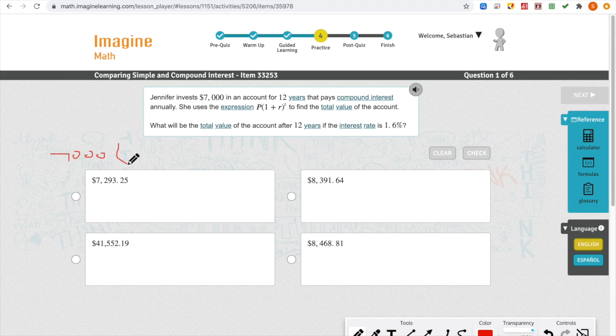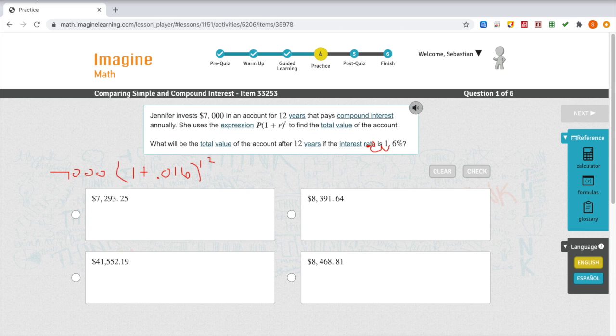We're going to put parentheses 1 plus, here's our rate. Even though it has a decimal, it's not a decimal because we have a percent sign. So we have to go over 1 over 2. So what this is going to be is 0.016. And our exponent is going to be the years, which is going to be 12 years.